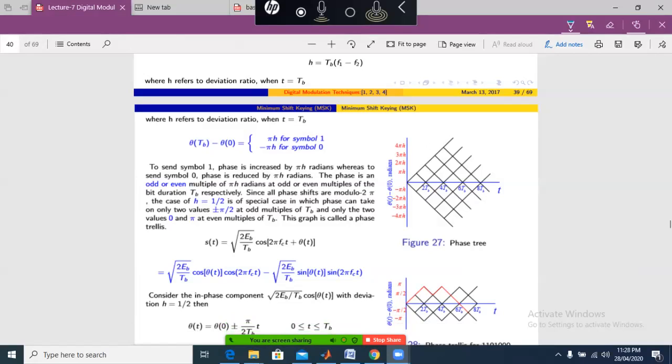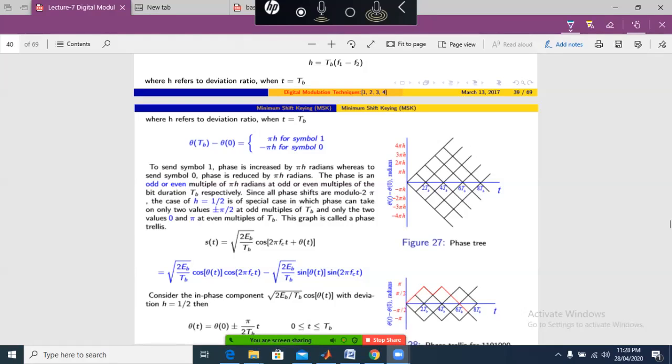For example, if there are consecutive ones, so we have pi by 2, we have pi by 2, we have the pi h radian increase, because we are taking the value of h in the general form. Here we are not considering it 1 by 2.